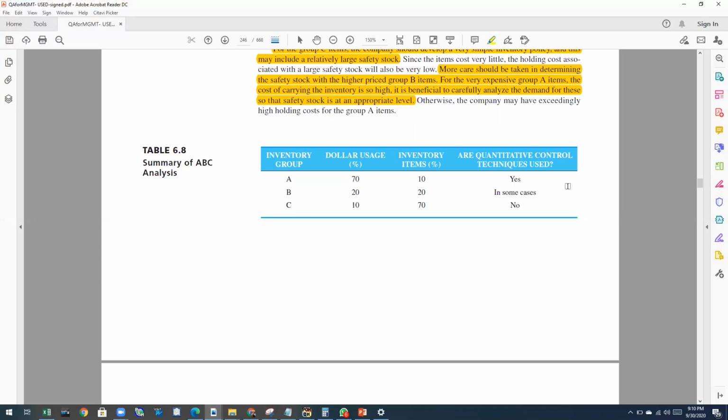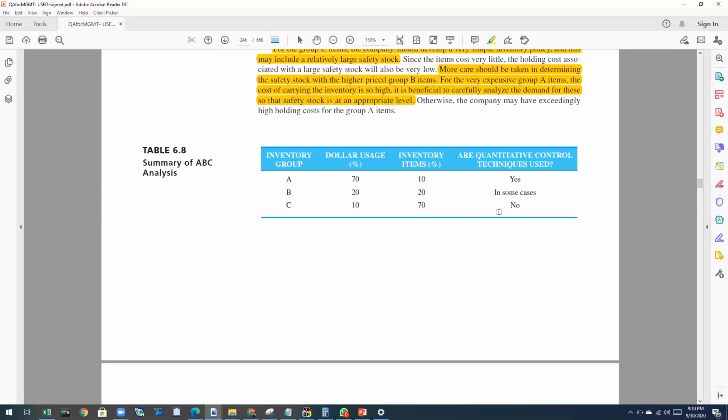For the most important ones, you need to use a sophisticated quantitative inventory control model. The second group is somewhat important, so in some cases you want to do that. But the third group has a very small dollar value, about 10% of total inventory cost. The inventory items might be large, but the value is small.